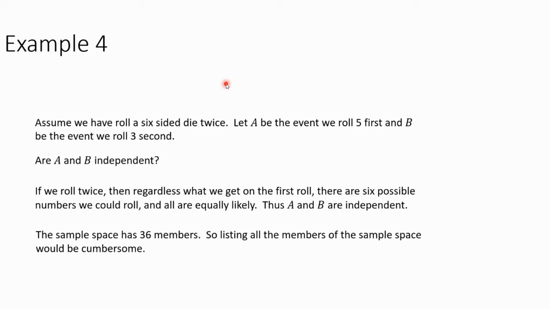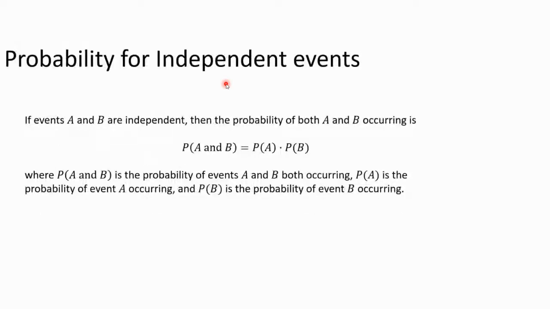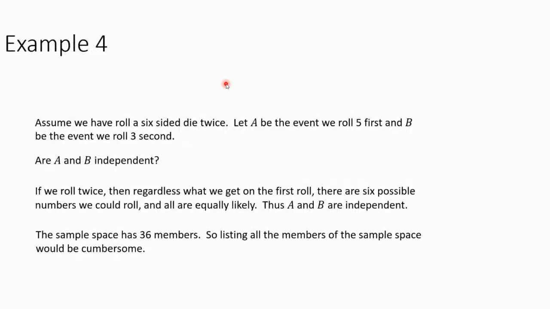So because of that, A and B should be independent. What's the probability of A? That's going to be 1 out of 6. But when you roll the die the second time to get a 3, whether or not you got a 5 on the first roll is not going to make a difference. The probability would be 1 out of 6. I hope that makes sense. So we're saying here that they are independent.